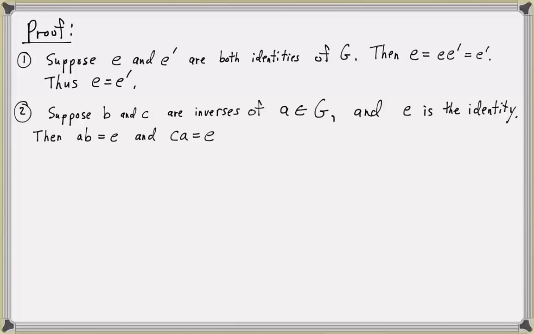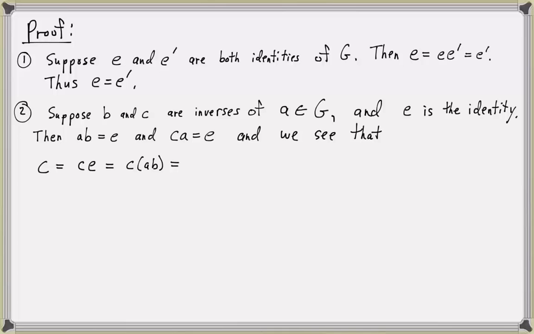Then, combining these statements, we see that if I start with the element C, that's the same as C times the identity. And we've already written the identity as A times B, so this equals C times the product AB.